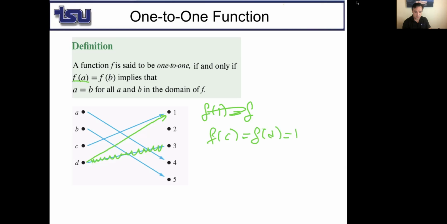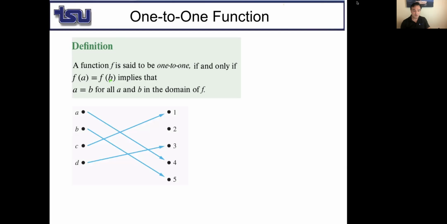See, they are equal, but c is not equal to d, so that's not one-to-one, okay? In order for a function to be one-to-one, f of a is equal to f of b implies that a is equal to b.